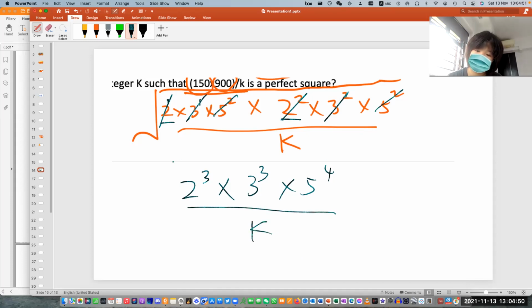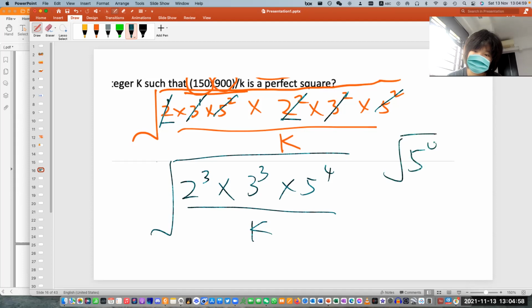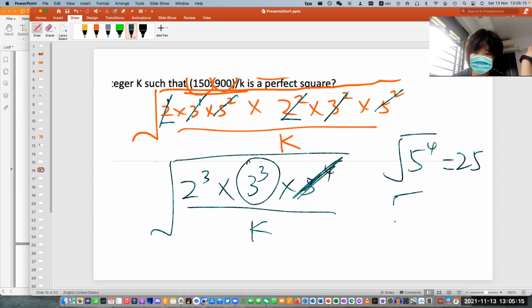Then over k. So in order to be square rooted, you can test. Square root of 5 to the power 4, it can be square rooted. This will give you 25. So this one, you don't need to care. Okay? It can be square rooted. So what you can't square root is this. You cannot square root this one. So this one cross out.